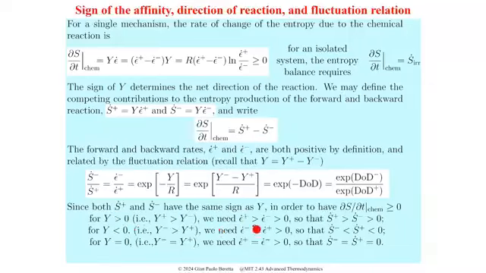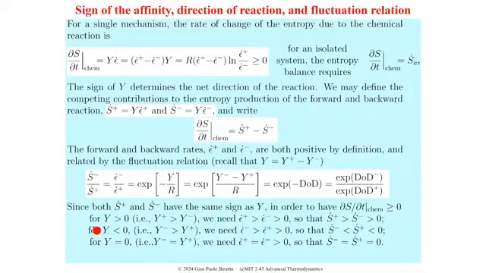And here is the list of possibilities. If you want that to be greater than 0, which is always, if you have a positive affinity, so a positive degree of disequilibrium, then this is the case in which the S plus is more positive than the S minus.